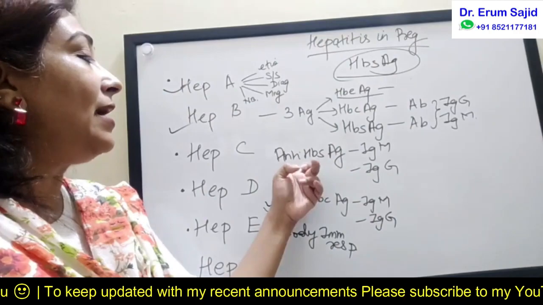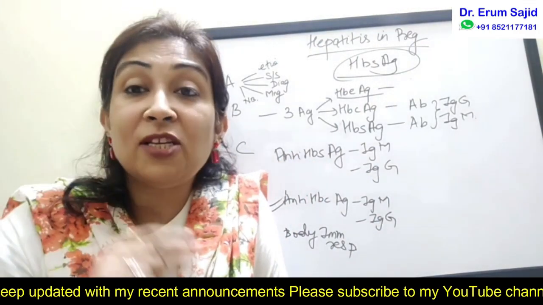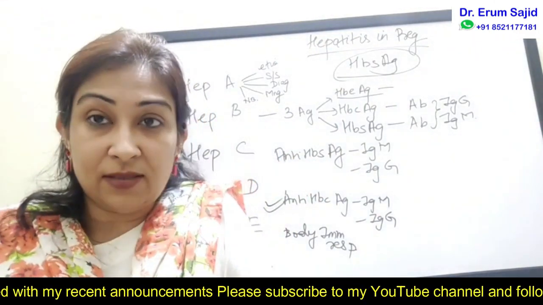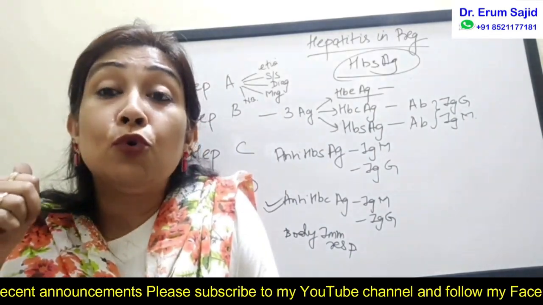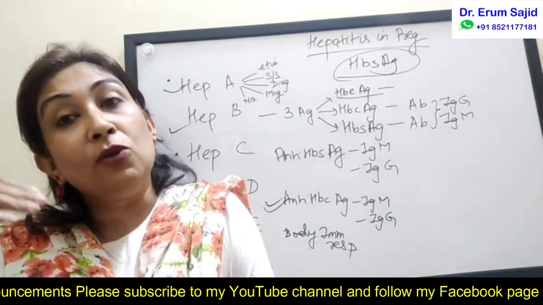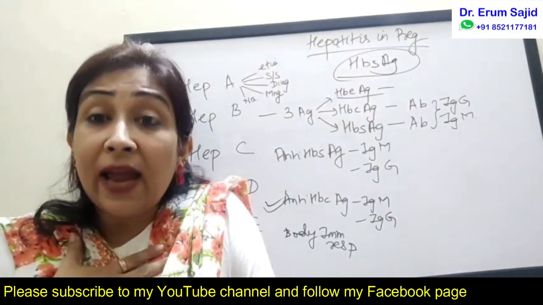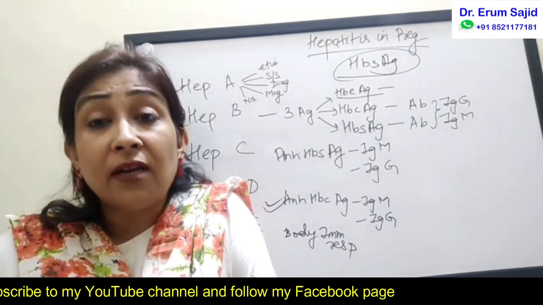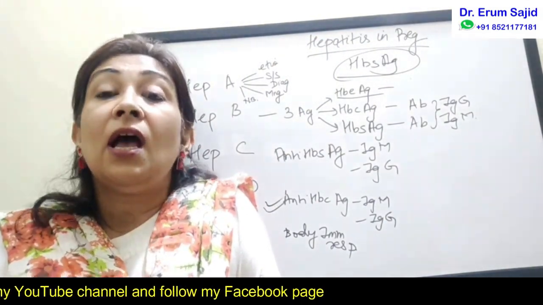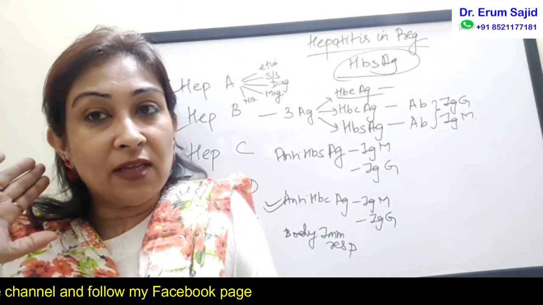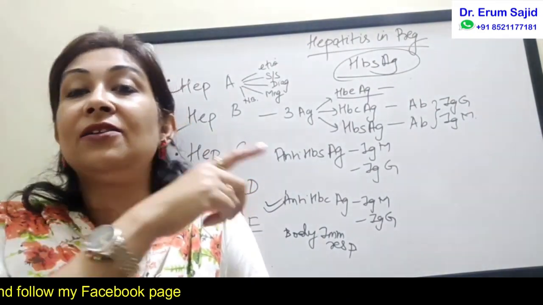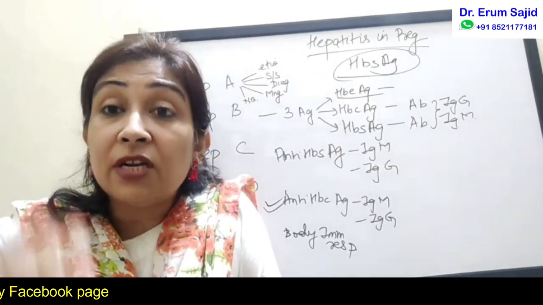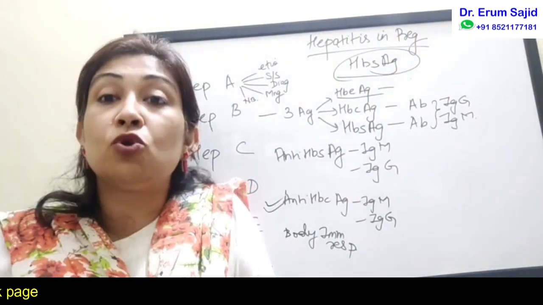So, what is anti-HBs antigen? Anti-HBs antibodies, IgM, are usually formed after the resolution of infection in a patient. Suppose I have been vaccinated and I also got infected with hepatitis B virus, and now the infection is gone. It gives me IgM antibodies after resolution of the symptoms, after resolution of the infection.